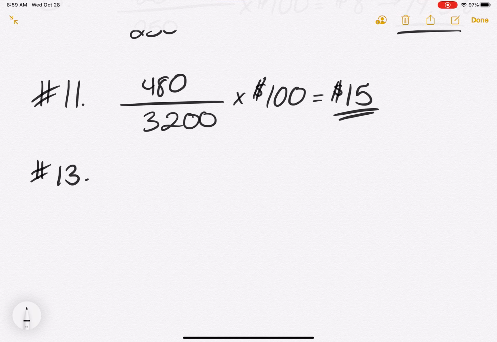Okay, so it says find the annual percentage rate for the following loans. It says $575 per $100 for 9 payments. Do we have to do this first part? No. You would get the same answer. If you did 575 divided by 100 times 100, you get 575, okay?